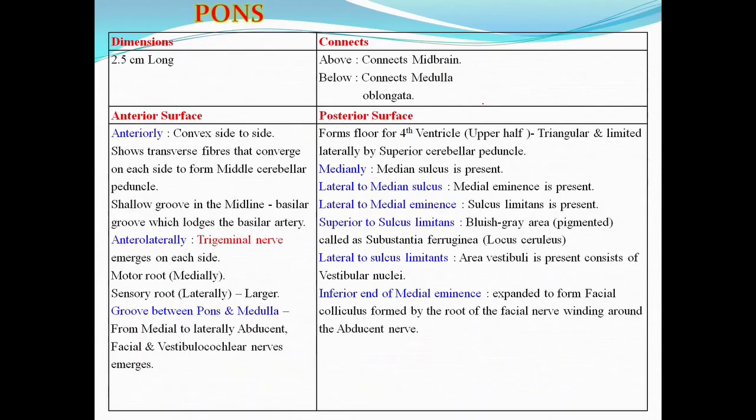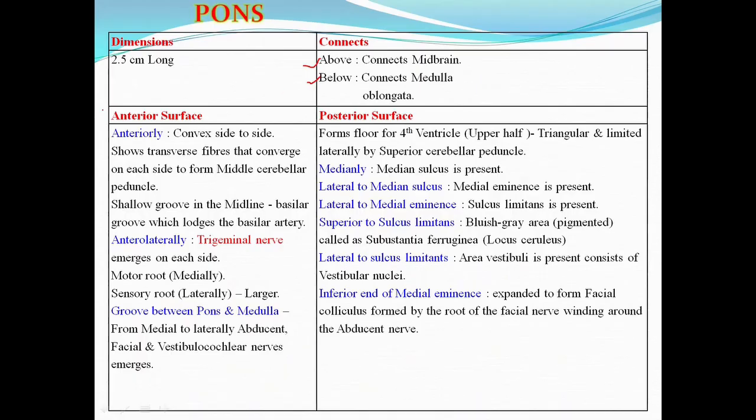Followed by the anterior aspect of the pons, in continuation, which is 2.5 centimeters long, as we have just studied for the midbrain. The pons above is connected to the midbrain and below is connected with the medulla oblongata.